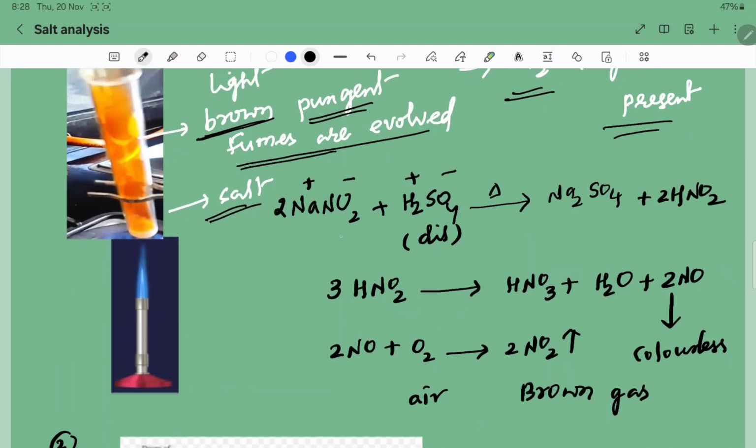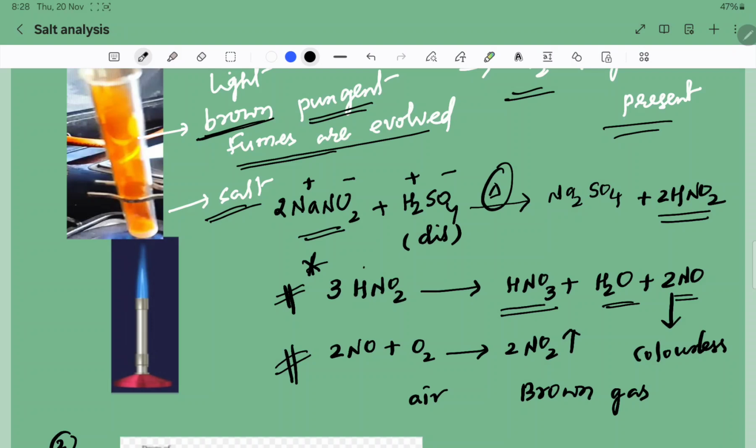Okay, so this is the reaction, student. Sodium nitrite reacted with dilute H2SO4 followed by heating, so you will get HNO2, right? Most probably you studied these reactions in group 15 elements also. Usually this HNO2 is unstable, student. It easily decomposes and is converted into HNO3, H2O plus NO. The reaction is most important, student.